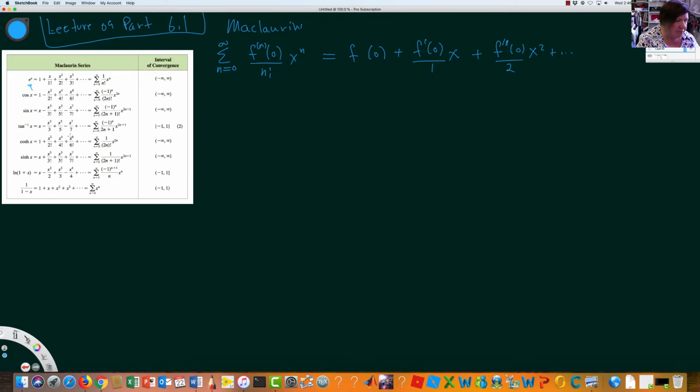If you wanted an expansion for ln of x instead of ln of 1 plus x, you can replace x everywhere with x minus 1. Then you just get ln of x, and over here you'd have x minus 1 squared, x minus 1 cubed. So you can manipulate these to get what you need.